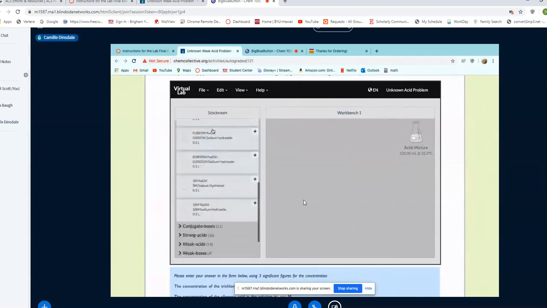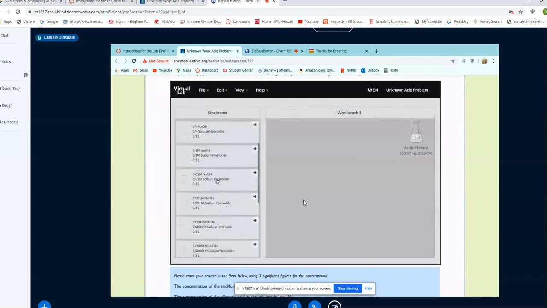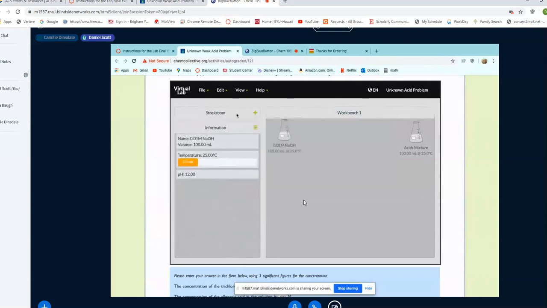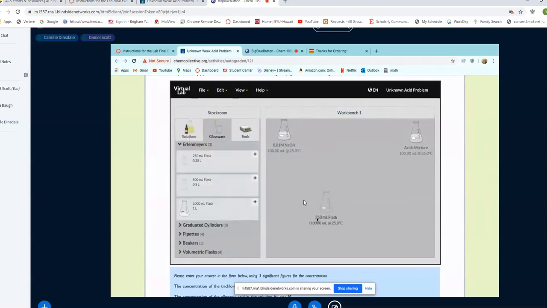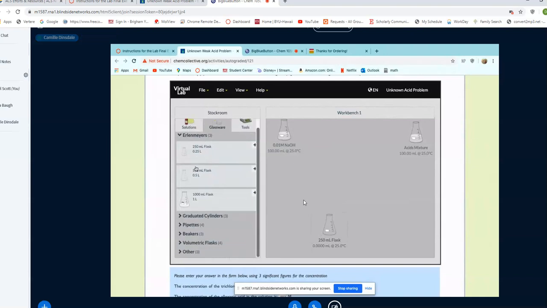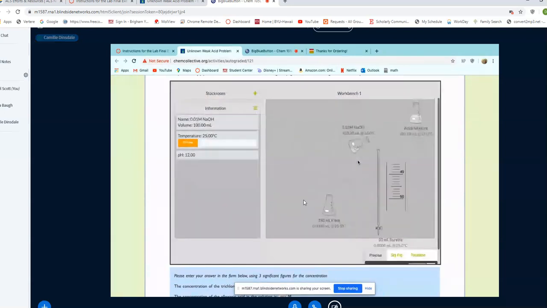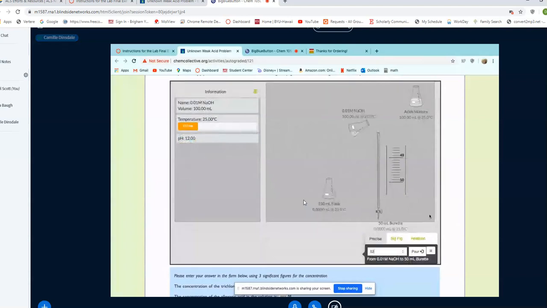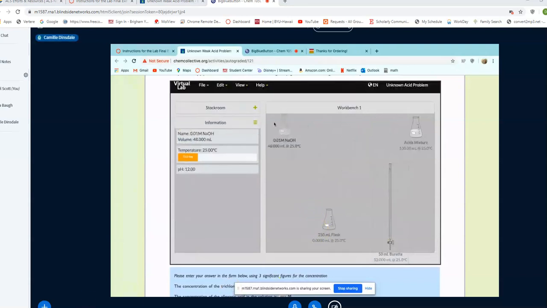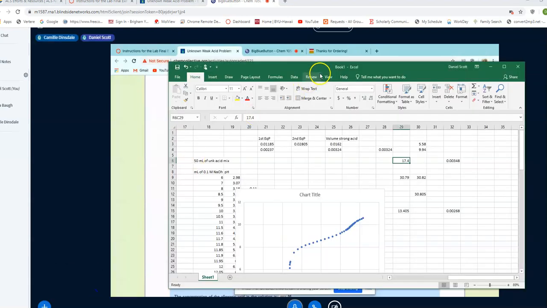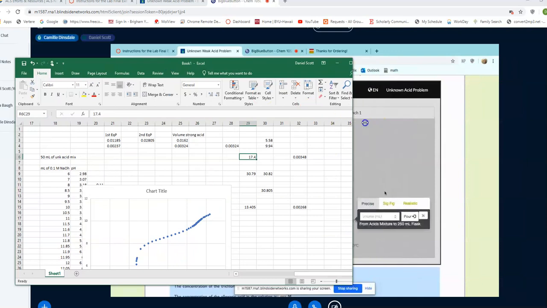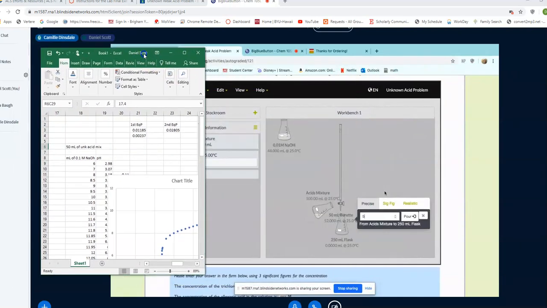Acids mixture, and then 0.01, yeah? Yeah. 50? Yeah.